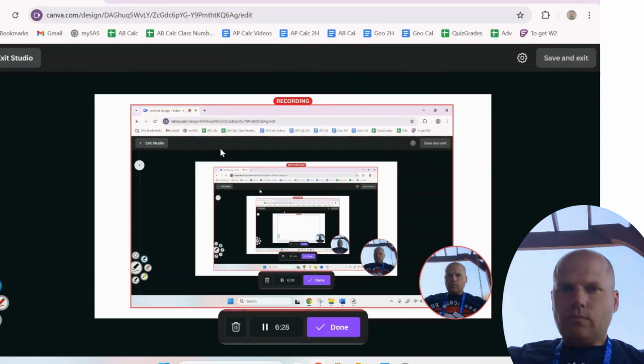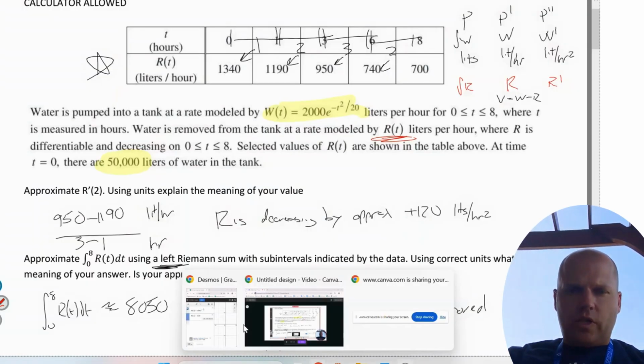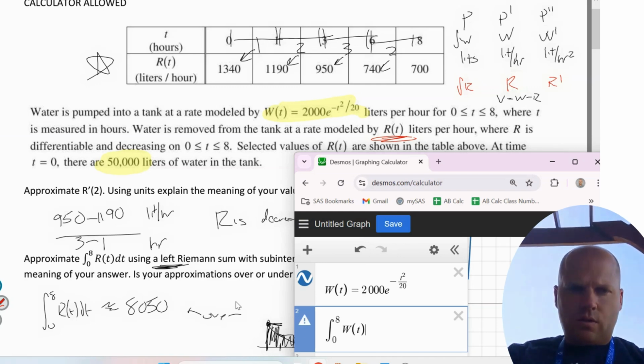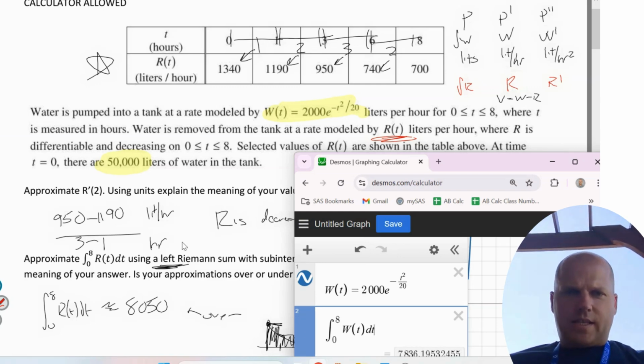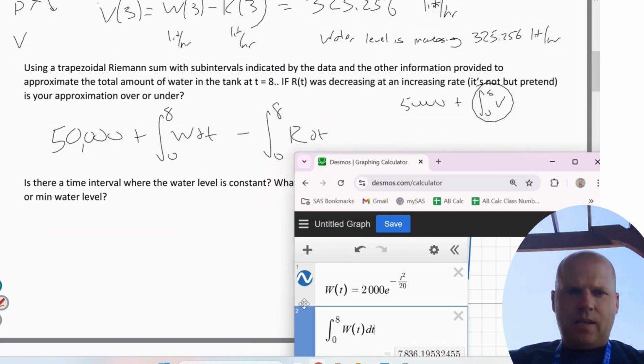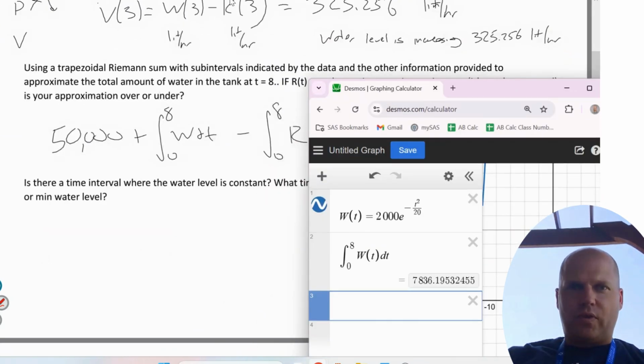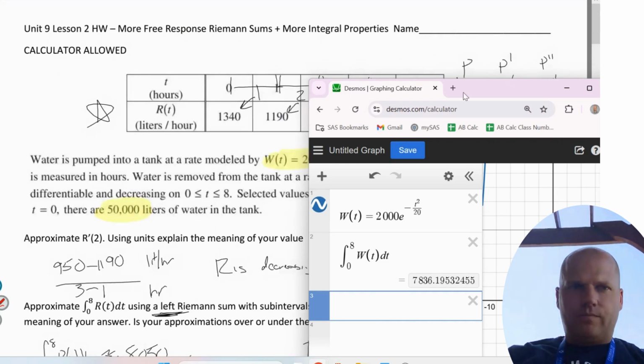So we need to accumulate W from 0 to 8. That's the amount added. And then I need a trapezoidal Riemann sum for the total removed.